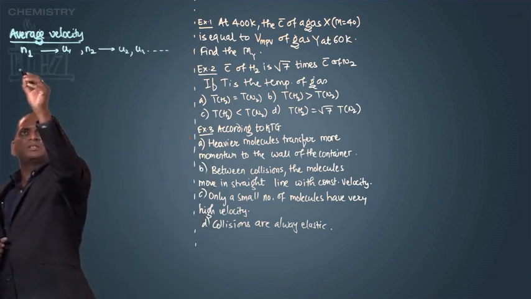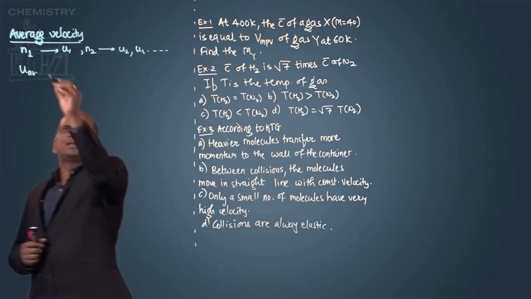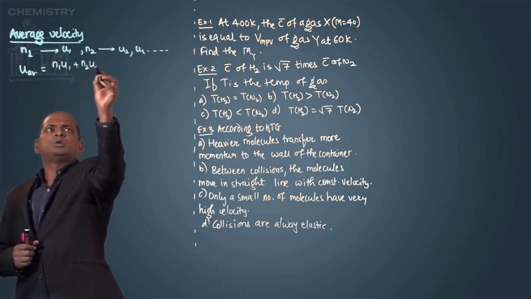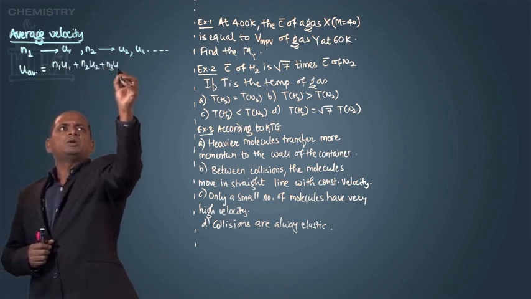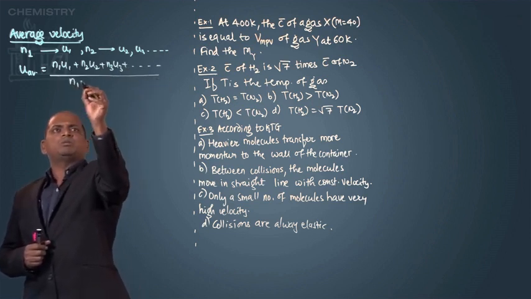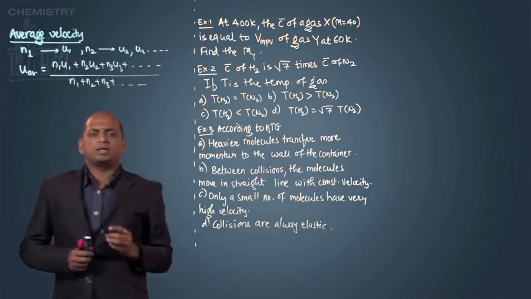So the average velocity u average is equal to n1 u1 plus n2 u2 plus n3 u3 plus and so on, divided by the total number of molecules. Okay, so that is the average velocity.